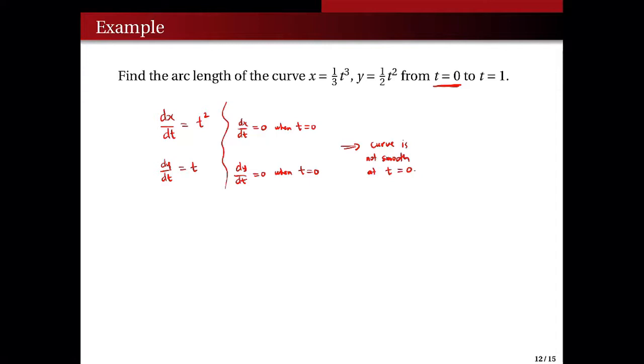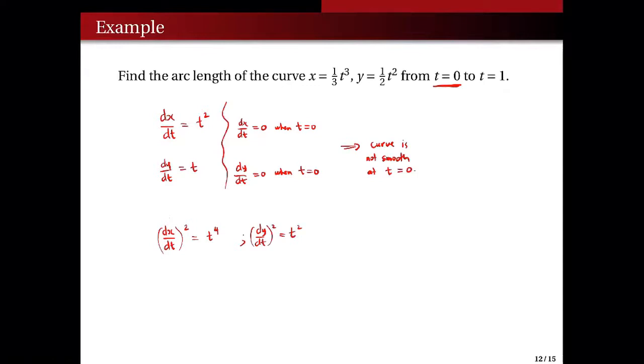Therefore, let's see. L, okay? This is equal to, let's get the squares first. dx over dt squared, this is equal to t to the 4. dy over dt squared, this is equal to t squared.